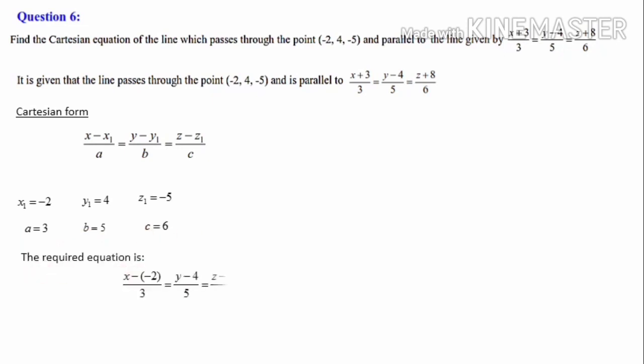So the required equation is x minus x1, that is x minus -2 by 3, y minus y1 by b, y minus 4 by 5 equal to z minus z1 by c. z1 is -5, so z minus -5 by 6. That is x minus -2, that is x plus 2 by 3, y minus 4 by 5, z plus 5 by 6. This is the required equation.